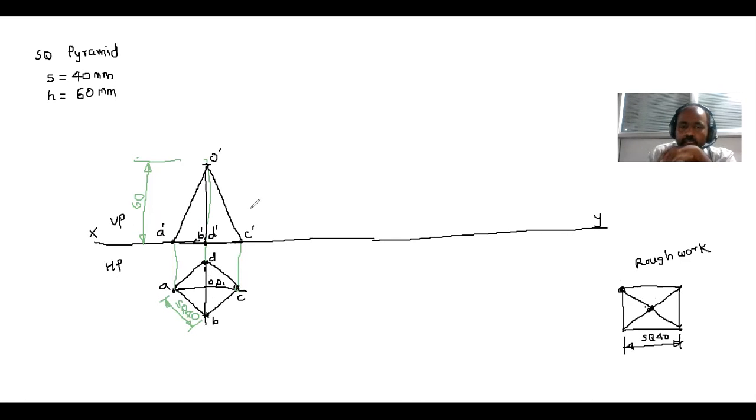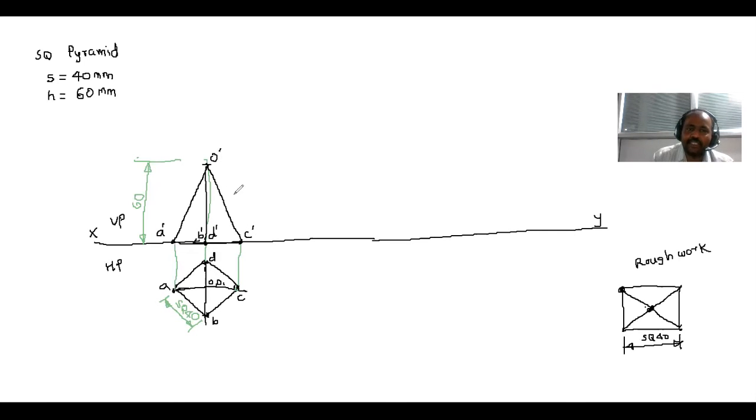Now, in the next stage they said the edge O dash C dash, the longer edge containing that corner. That corner means the corner which we kept on the right side, so that is point C dash. The longer edge containing that corner is the O dash C dash edge.